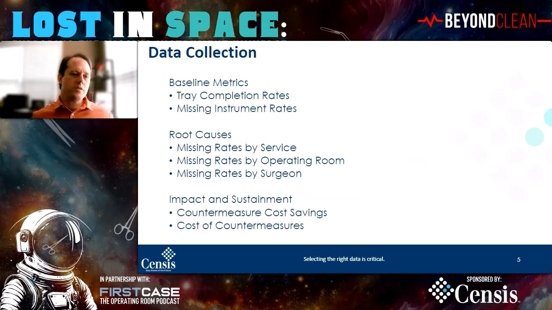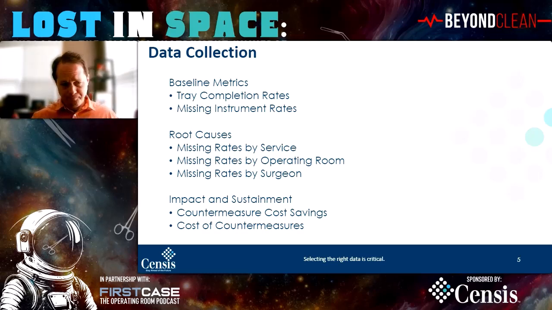So what we wanted to do here is a couple of things. One, we wanted to start to measure some kind of a baseline. If we're going to tackle missing instruments, we need to understand, what does the world look like today? So the two key metrics we want to look at are tray completion rates and missing instrument rates.